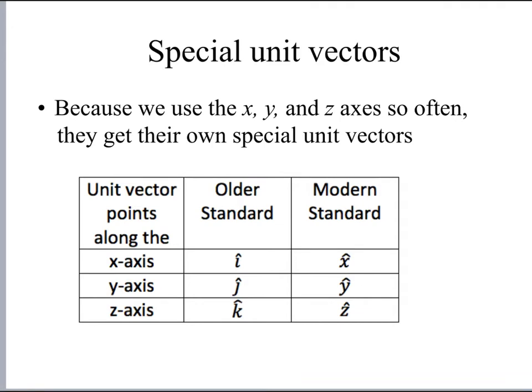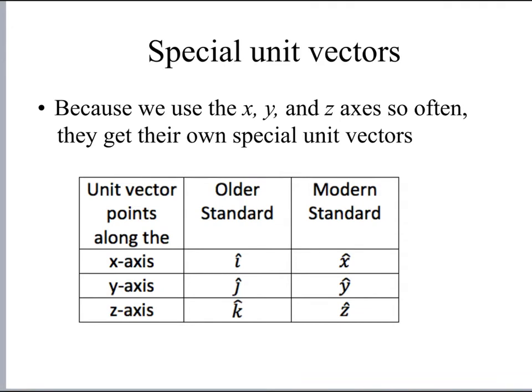And so if we're dealing with vectors in a 3-dimensional or a 2-dimensional Cartesian axis, we need to have vectors that represent the directions of those axes, the x-axis direction, the y-axis direction, and the z-axis direction. Those are used so much that it's very common to define unit vectors that point along the different directions of the axes.